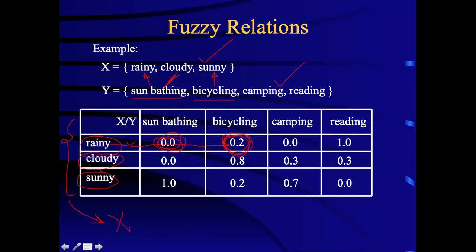Okay, so यहाँ पे आप ये देख सकते हैं, the strength of the relationship between sunny and camping is 0.7. Right? और अगर क्लासिकल लॉजिक होता ये 0.7 पॉसिबल नहीं था, यहाँ पे या 0 आता या 1 आता, तो probably 1 आता है, right?